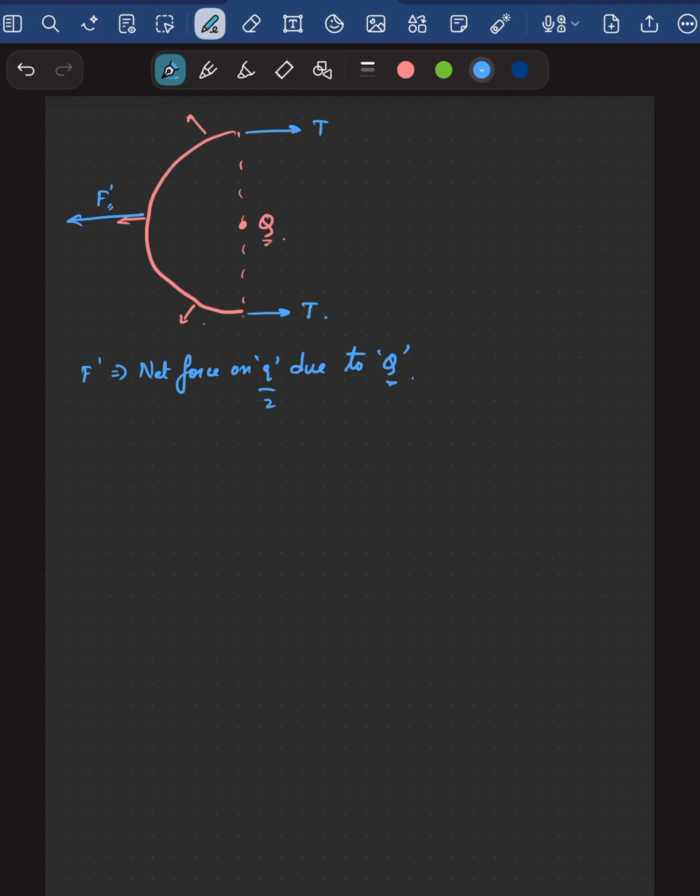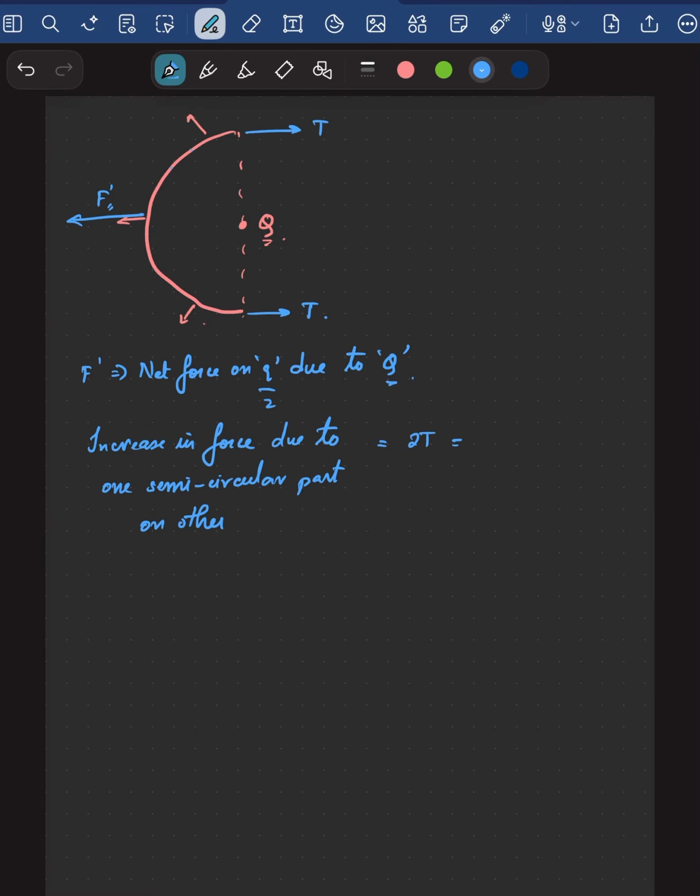If you notice, this tension will be the same at every point in this ring. So the increase in the force, the question was what will be the increase in the force due to one semicircular part on the other, will be equal to 2T itself.